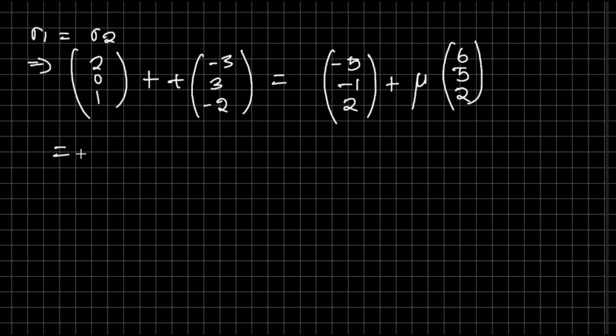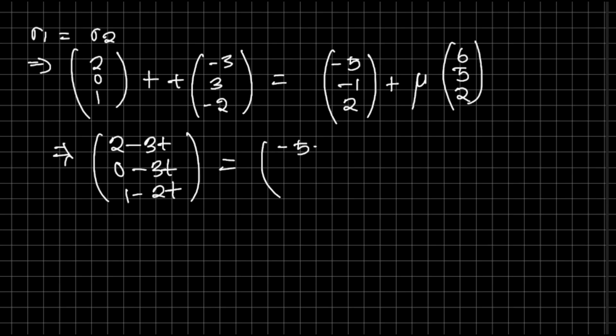So let's combine and equate. We have (2 - 3t, 3t, 1 - 2t) equal to (-5 + 6mu, -1 + 5mu, 2 + 2mu).